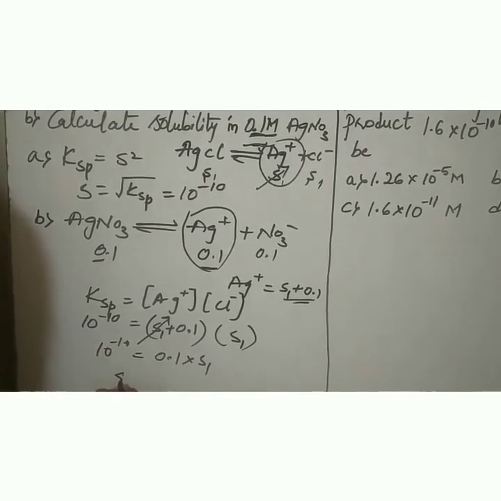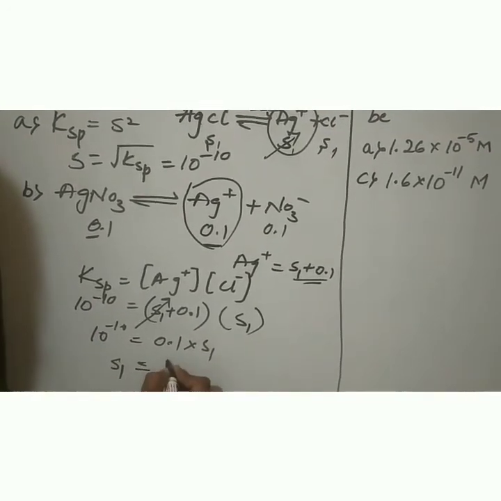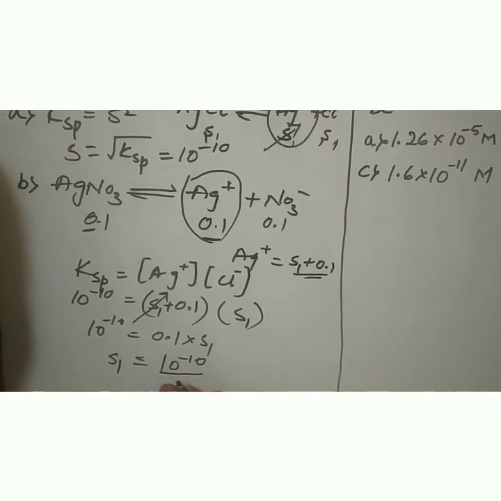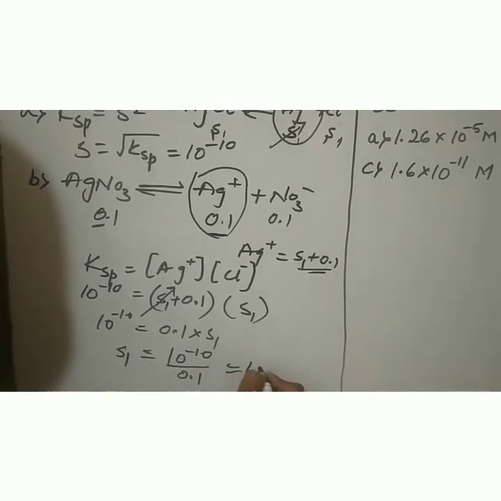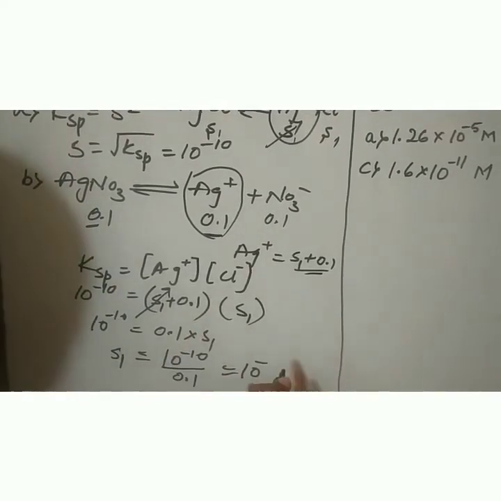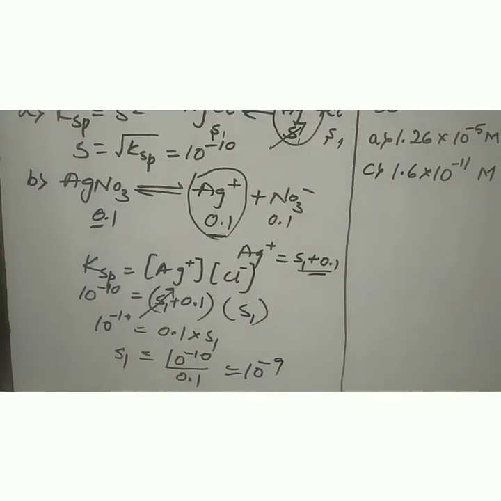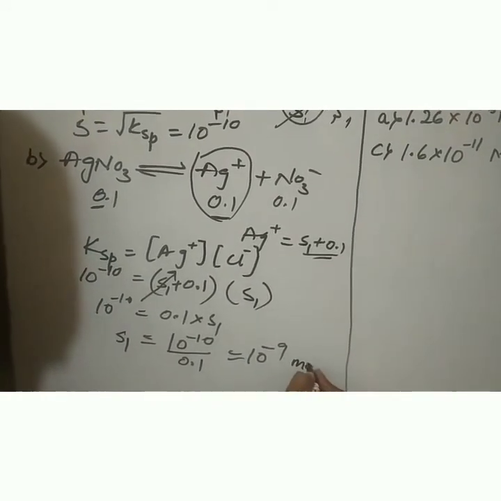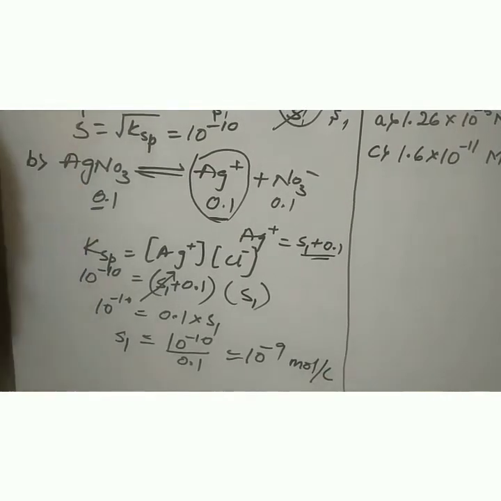S1 is equal to 10 raised to minus 10 by 0.1. The answer is 10 raised to minus 9 moles per liter.